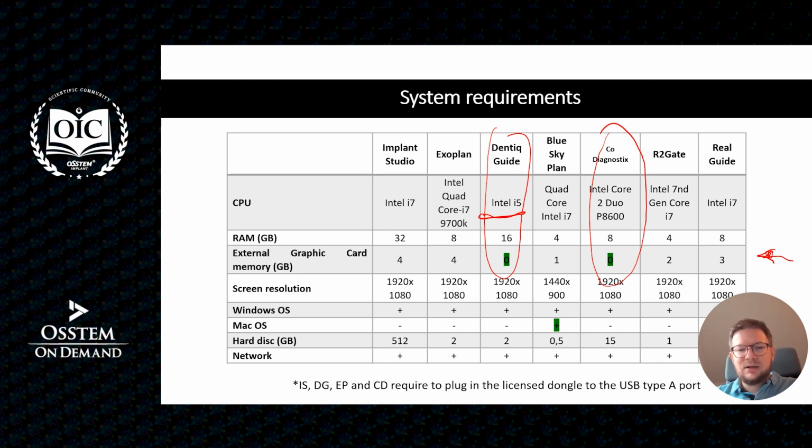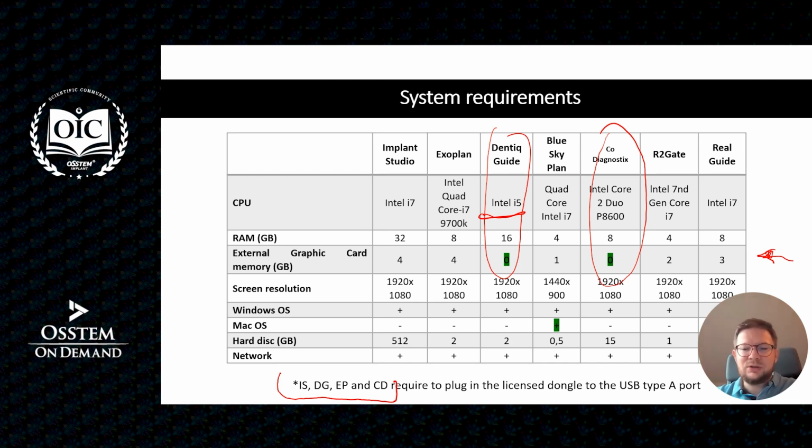And this is quite funny, because if we think about new computers, especially laptops, they are equipped with USB-C ports, but these licensed software, Implant Studio, Dentic Guide, Exoplan, and co-diagnostics, require a USB type-A plug plugged into the socket.